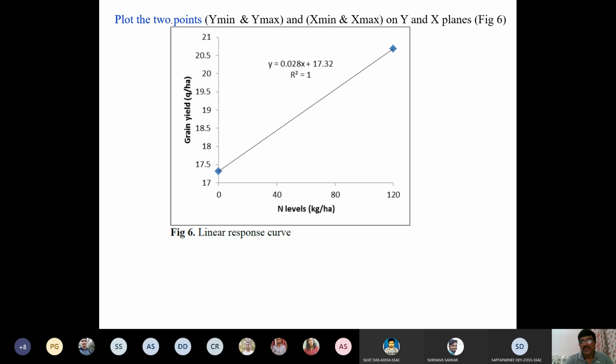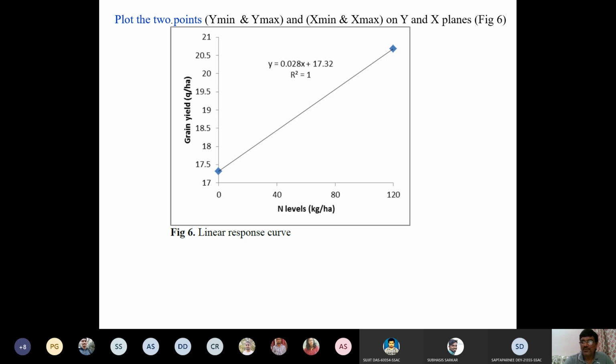So in this case, just take x-axis, y-axis. You can do it manually also on a chart paper or graph, and you just make 2 points. Y max is the last distant point, and this y min is on the axis because y min is your intercept. So you can join these 2 points. There is no need to have other points.